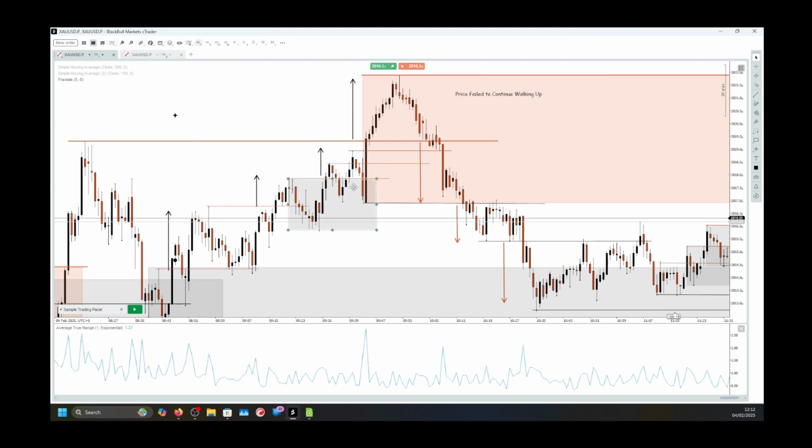So what I'm looking at is, when price breaks higher, I'm looking at price coming back into these levels and then keep going.